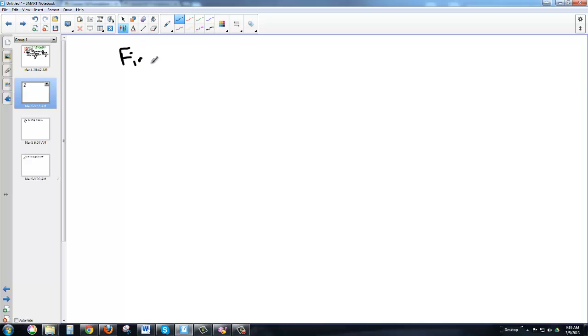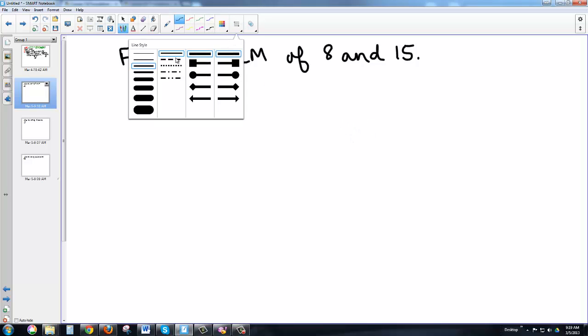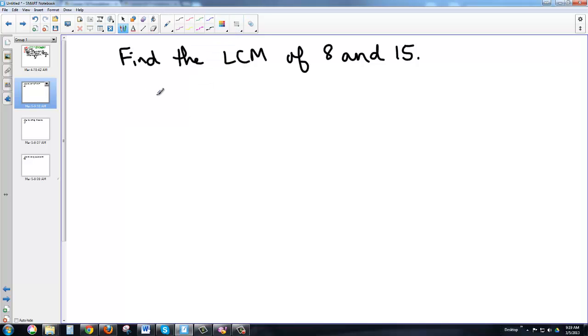Let's find the least common multiple of 8 and 15. Now, if we think back to how we found greatest common factor, the process here starts out exactly the same. You need to start by finding the prime factorizations of each of the numbers in the question.